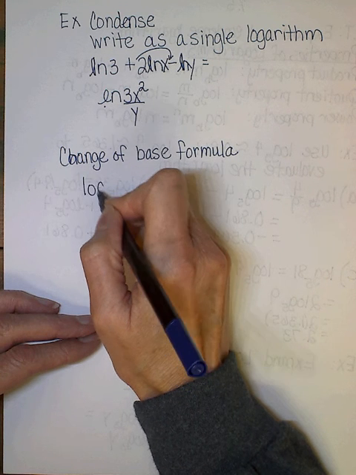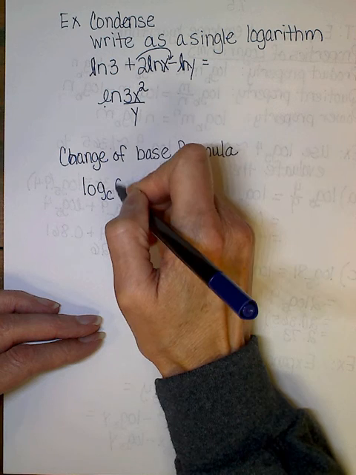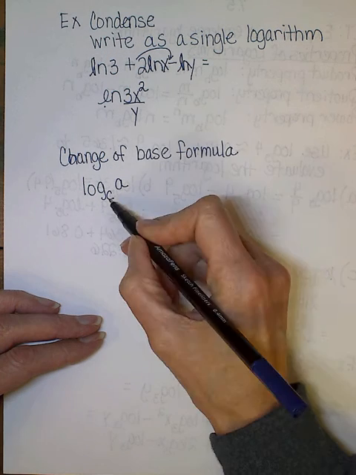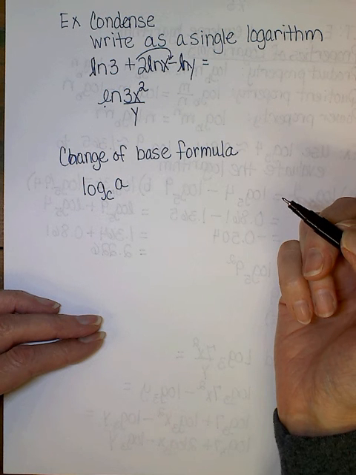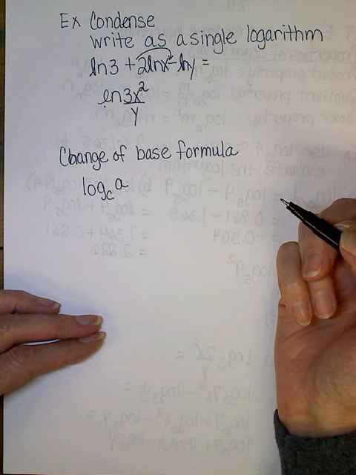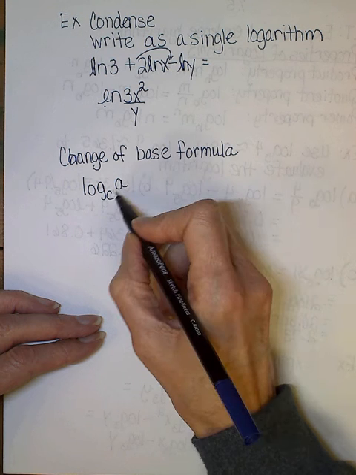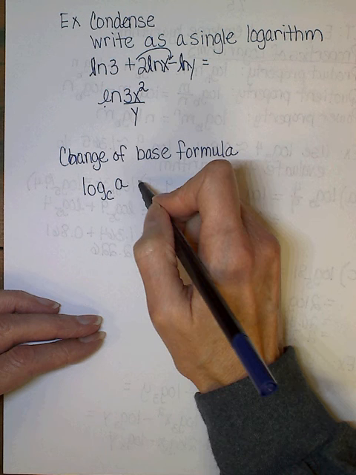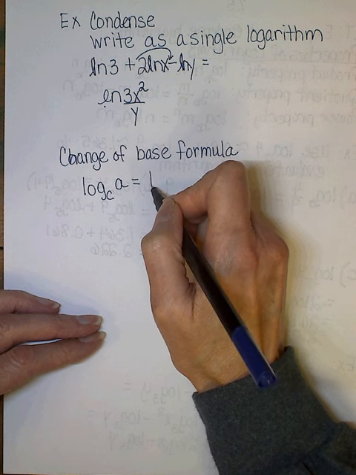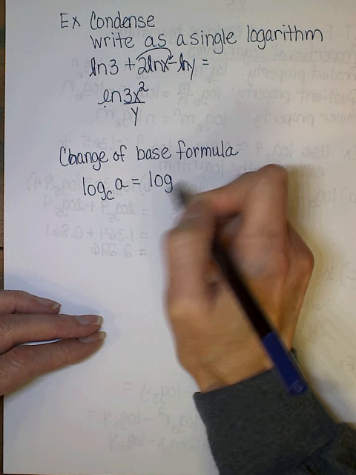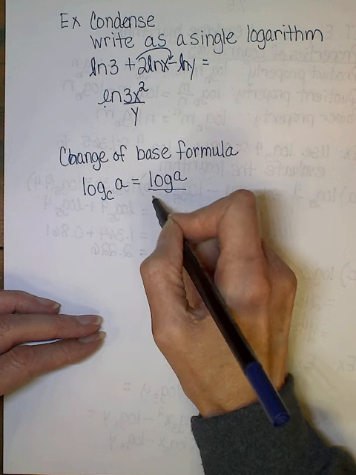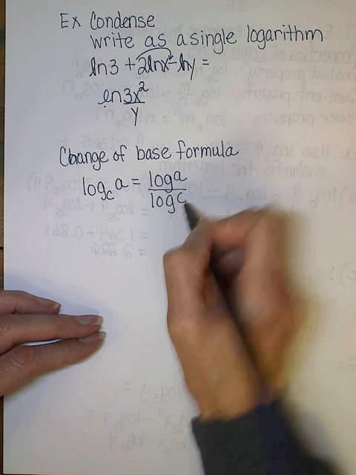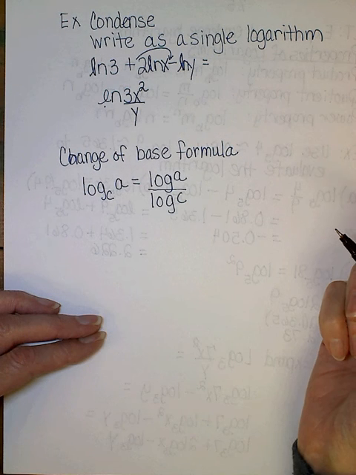If you have this logarithm and it has a number here and here, and there's not a way to enter this directly in your calculator for most calculators. Some of them will allow you to put a number here and here. But if you remember the change of base formula, you can just use your LOG button and do the log of this number divided by the log of this base number.